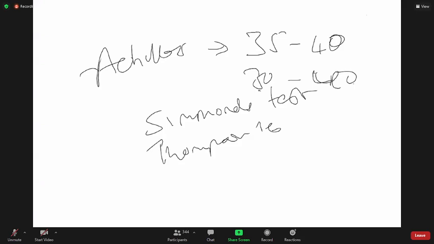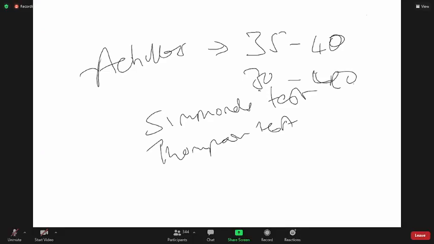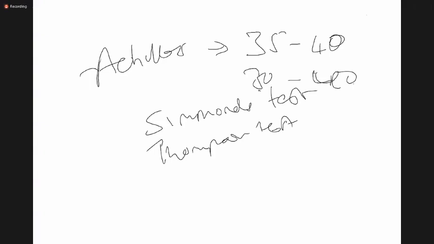It's the same thing. You tell the patient to lie prone with their legs dangling, and then you squeeze the calf and see if there's any plantar flexion. If there's no plantar flexion, then the Achilles tendon is torn. You also check for a gap. You palpate the tendon, you may see a gap. You may also check plantar flexion strength. But a gap and a positive Simmons is a sign that the Achilles is torn.